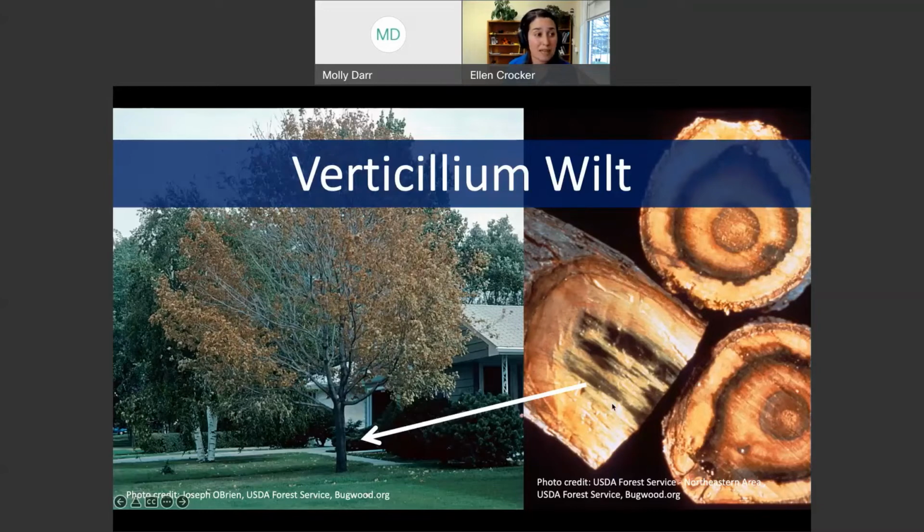Now, just from my own experience, it's not always that easy to see or that ubiquitous throughout that wood. And I think once a tree is showing these signs, it's not going to be something that you're able to manage. You really don't want to spread it to other trees.